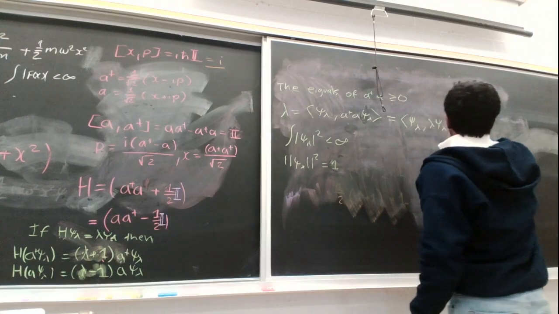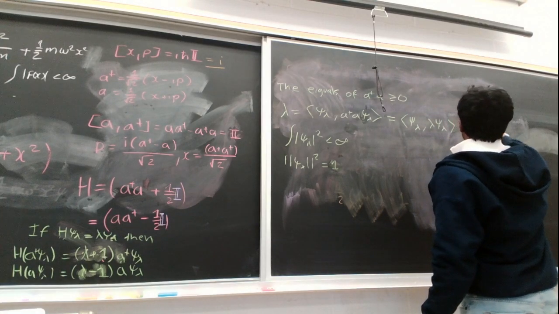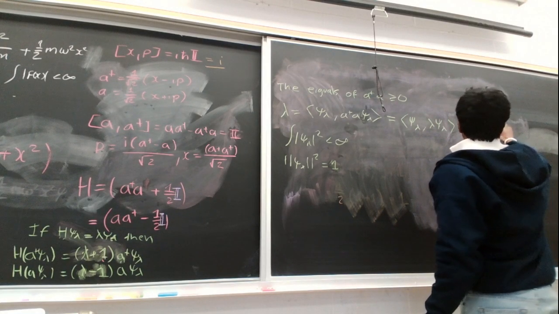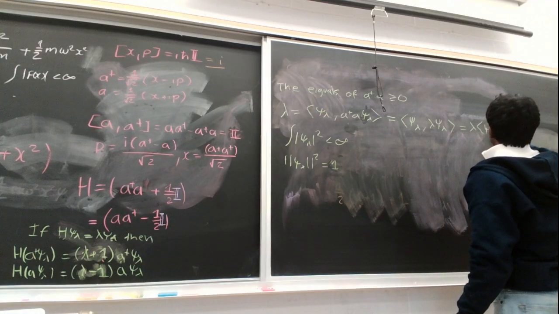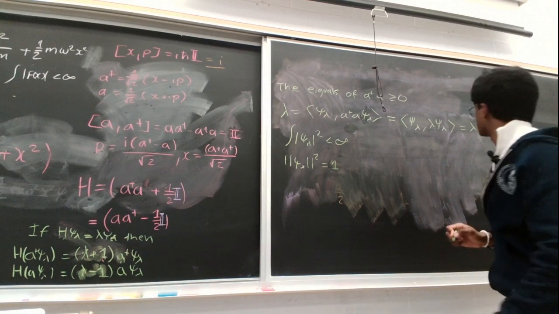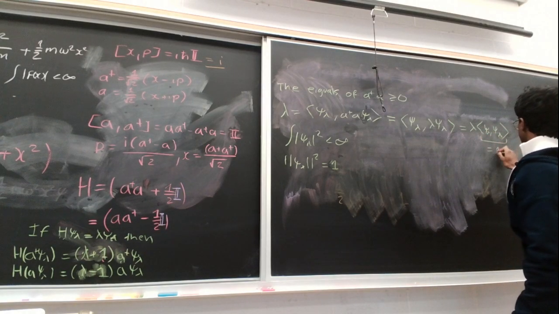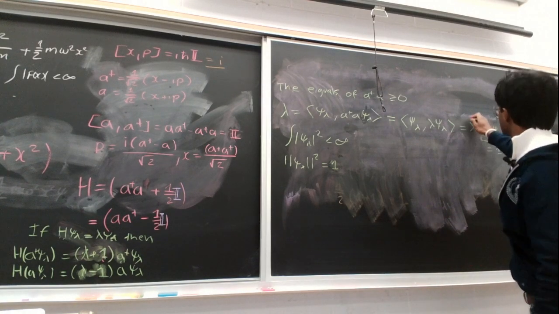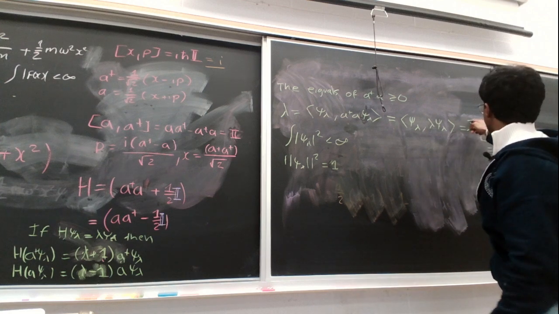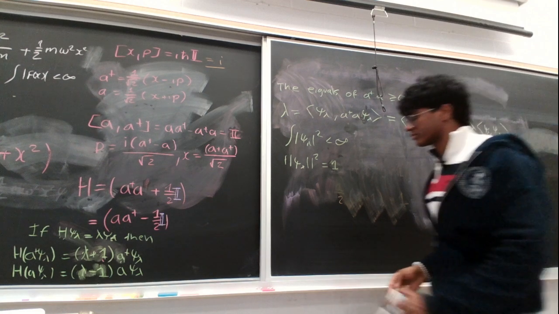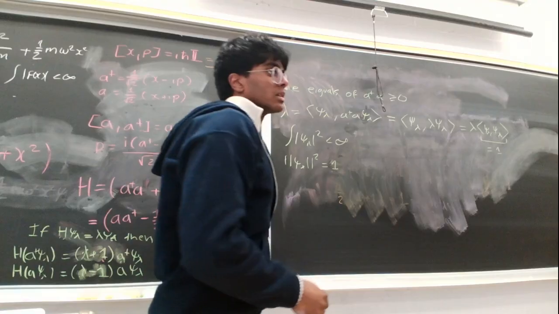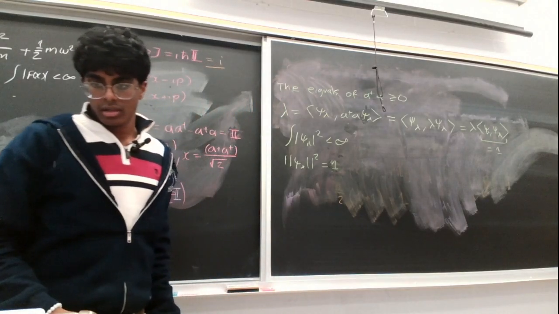Now you factor out the lambda, and then this is 1. So on the one hand, we proved the first equation. Maybe you would want to write lambda bar because you factored out of the second entry, but a dagger a is self-adjoint, so the eigenvalue has to be real.